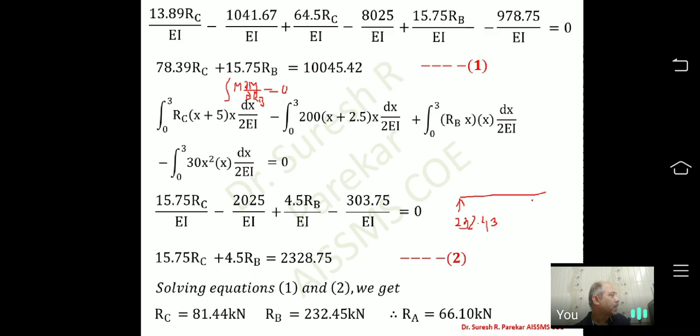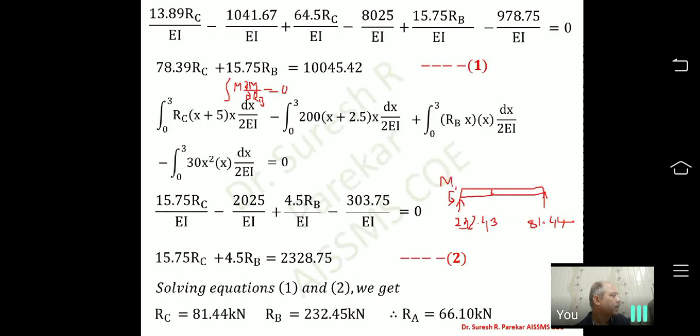Then we have this reaction at C, 81.44. RC moment we have 0. We have UDL over here, and then we have the moment MB.